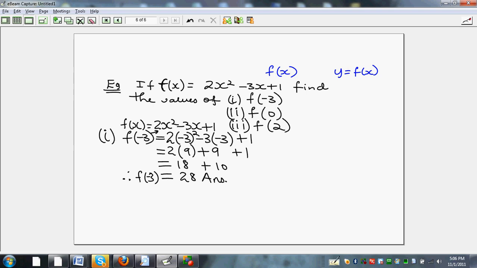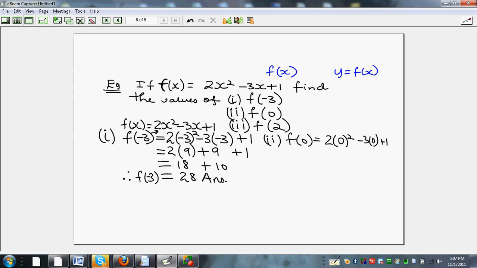In part 2, we have to find f of 0. So all we'll do is put 0 in place of x in this case. Same thing, just replacing the x with the number. So it will be 2 by 0 squared now because 0 is replacing x, minus 3 multiplied by 0 plus 1.